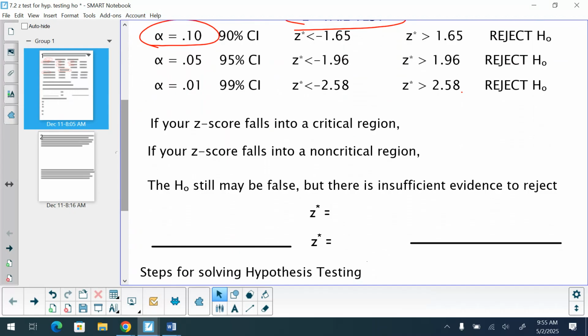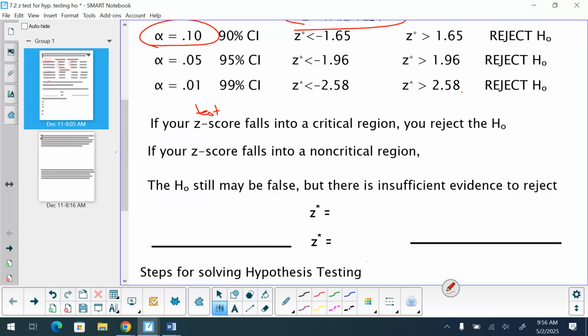If a z-score falls into a critical region, this is a test score. If your z-test score falls into a critical region, you will reject the null hypothesis.